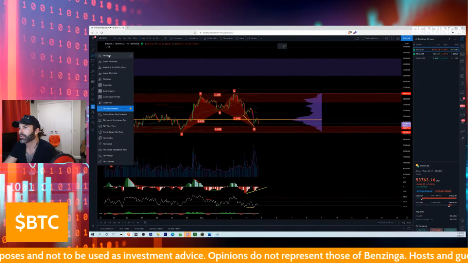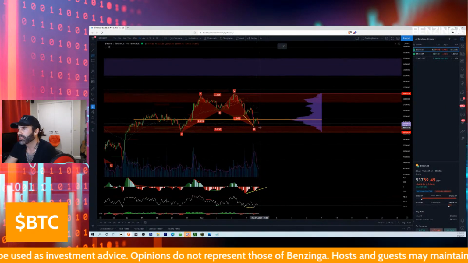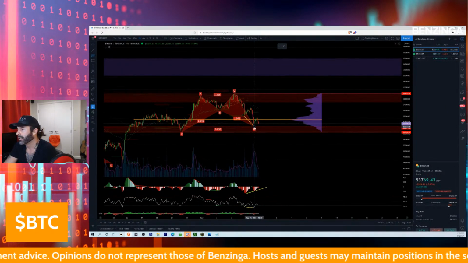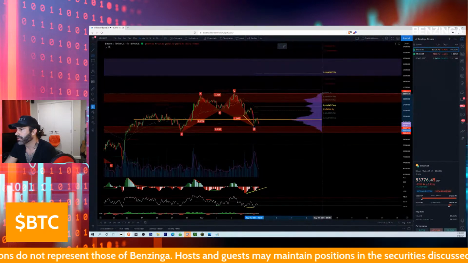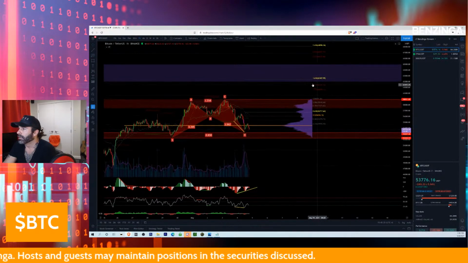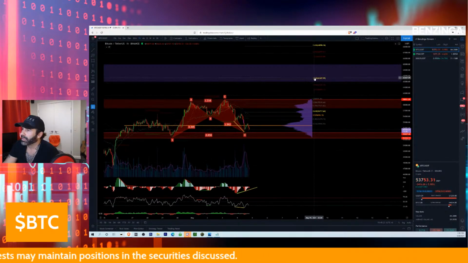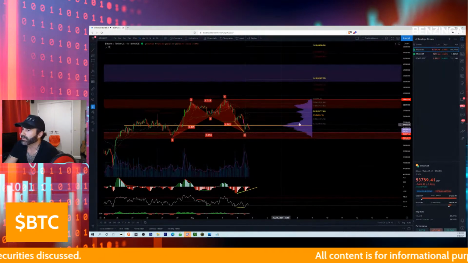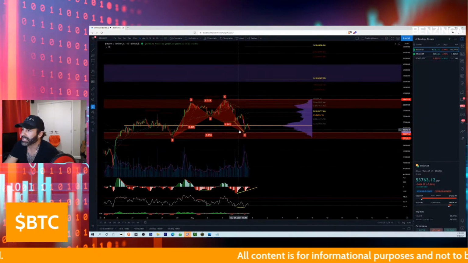with short-term targets. If we did start to make a break to the upside on Bitcoin, I would be looking at the next target up, 62.4, and that would be the Fibonacci retracement of this C to D leg.